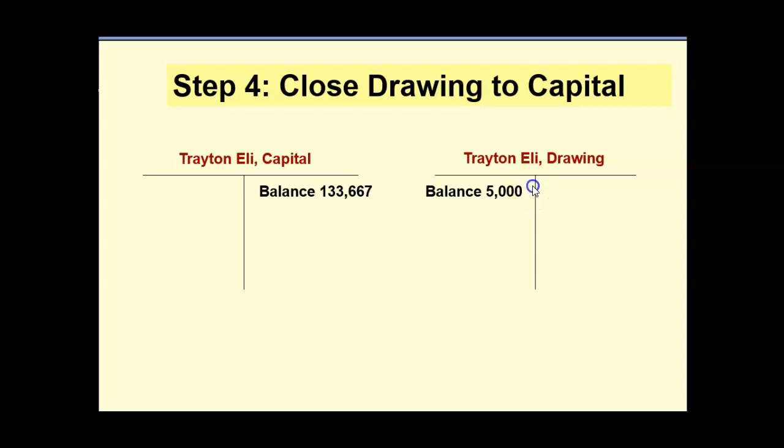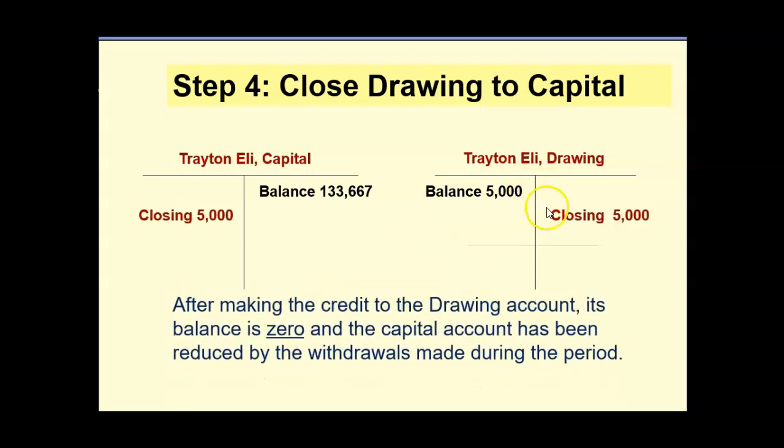To accomplish this goal, we're going to credit the drawing account for $5,000 and debit the capital account for $5,000. The drawing account will now have a zero balance. We have transferred the withdrawal amount over to the owner's capital account.